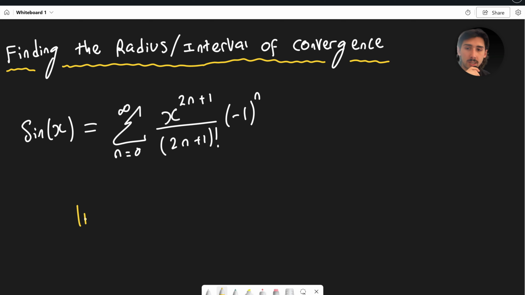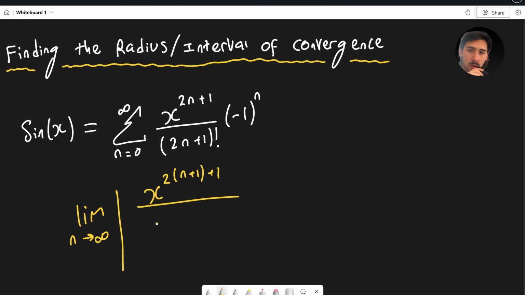So we're going to take the limit as n goes to infinity of the ratio between the n plus 1th term and the nth term. So I've got x to the power of, and we have to be a bit careful here, 2 times n plus 1 plus 1, divided by 2 times n plus 1 factorial, times minus 1 to the power of n plus 1.